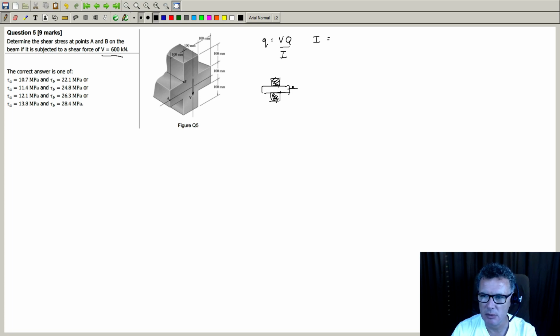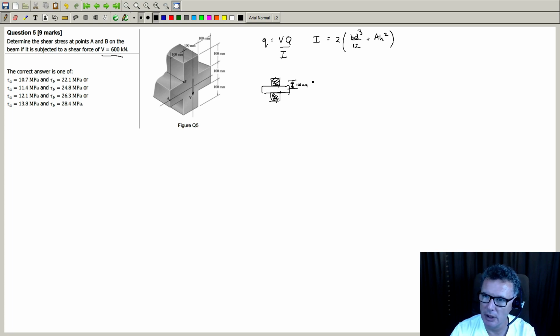So the distance from here to the center of one of these squares is going to be 100 millimeters. So we've got 2 of them. I'm going to do BD to the power 3 over 12 plus AH squared.